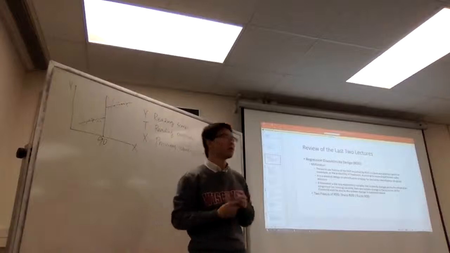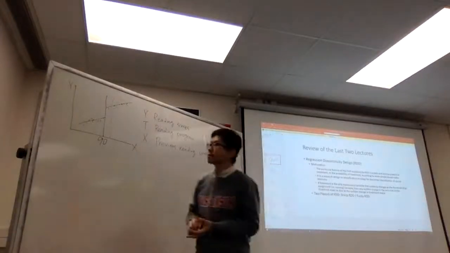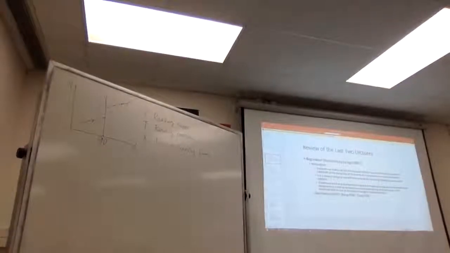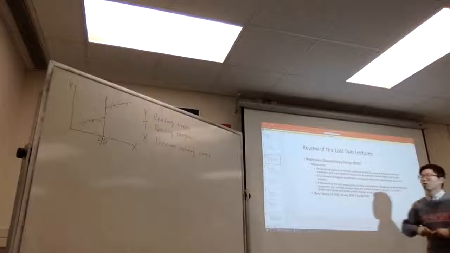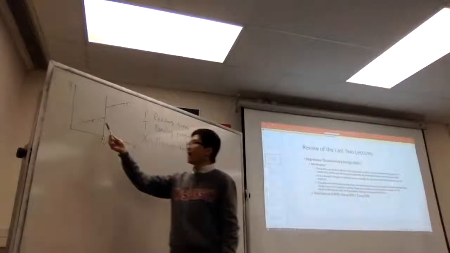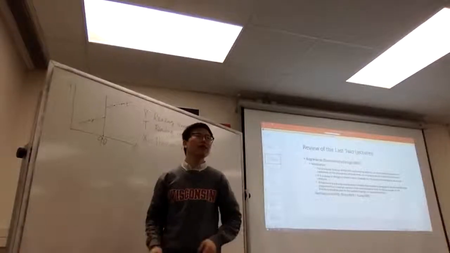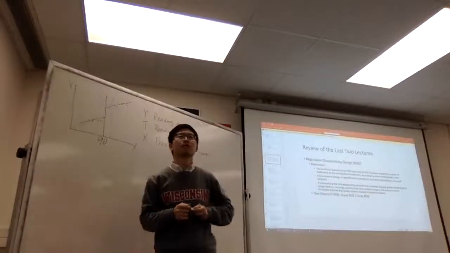So the intuition here is basically if there are some students who scored like 88% and 91%, they must be comparable, right?